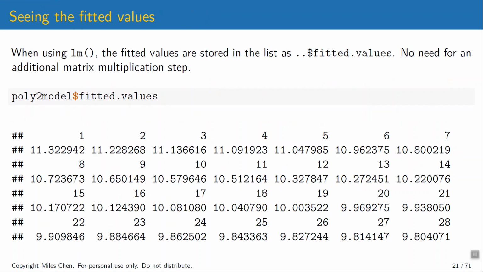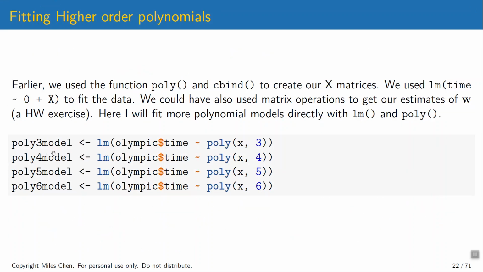Okay, so anyway, I'm going to fit a whole bunch of different linear models based on polynomials. Here I'm getting rid of the 0 plus because I'm not going to bother creating the matrix itself. I'll just have it fit the result of what poly spits out, and that will also fit in a coefficient.